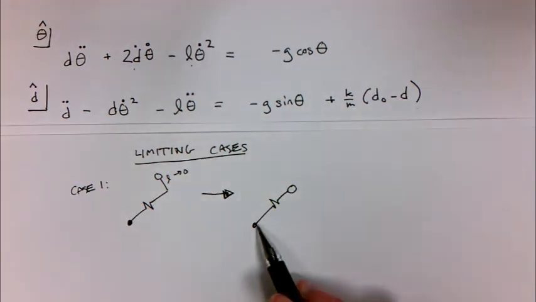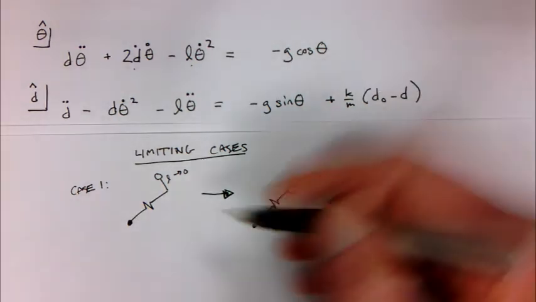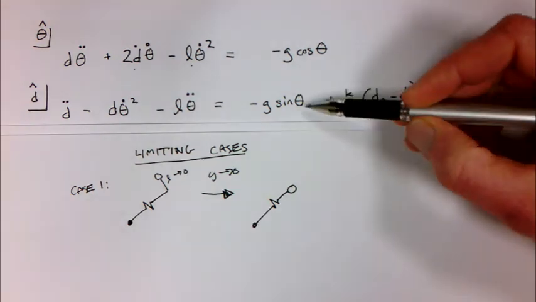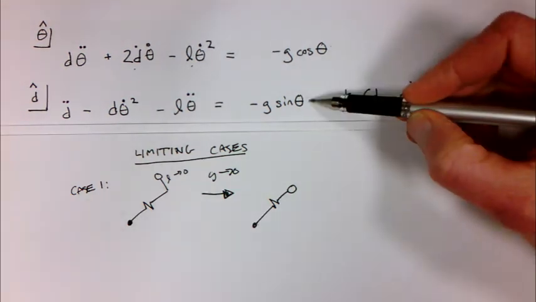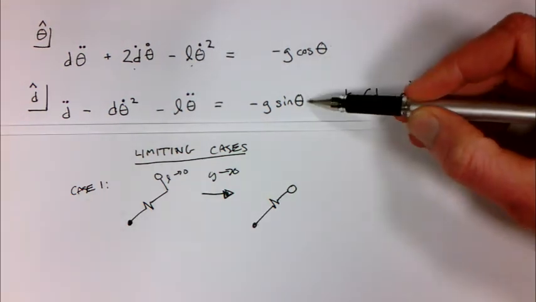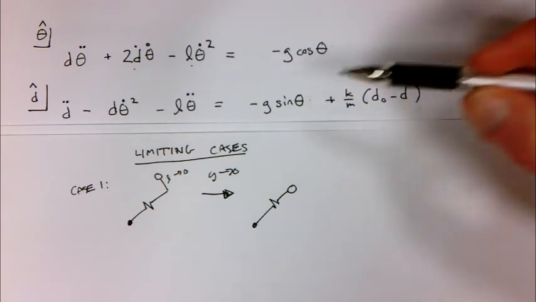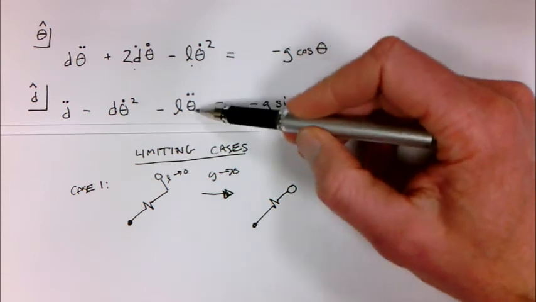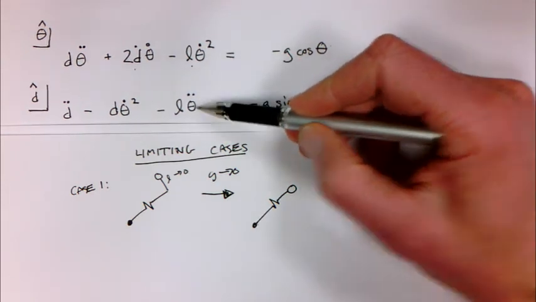Now, when you do that, pretty clearly a lot of things are going to go away. So length is going to 0 and g is going to 0 here. So for this limiting case, these terms will go away. For this limiting case, you can also see that L is 0, so this term goes away and this term goes away.